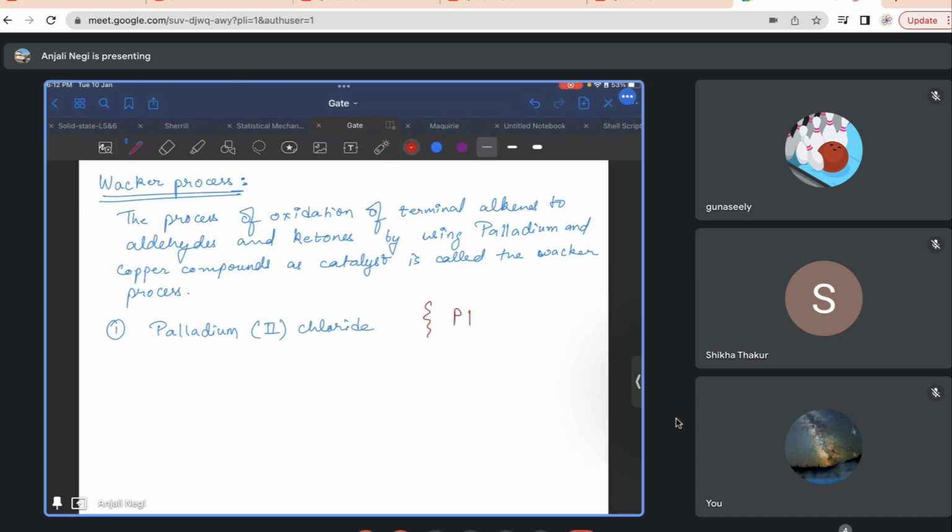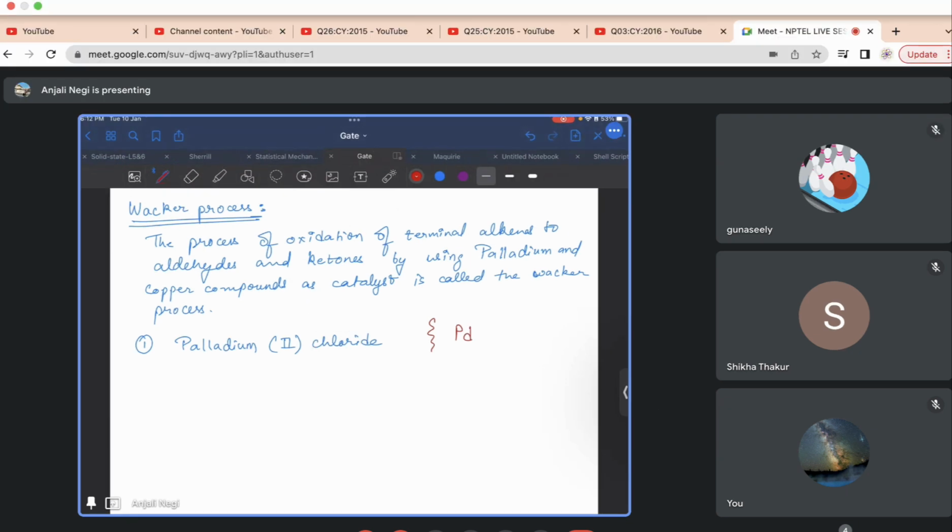So it's PdCl2 basically, but this is insoluble, and the process is using solvent water.